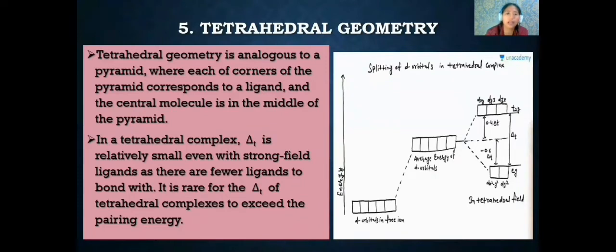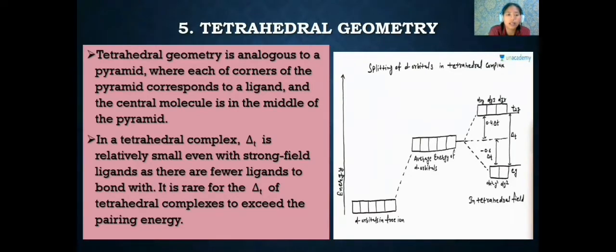Okay, so we have here the tetrahedral geometry. The tetrahedral geometry is analogous to a pyramid, where each of the corners of the pyramid corresponds to a ligand, and the central metal is in the middle of the pyramid.